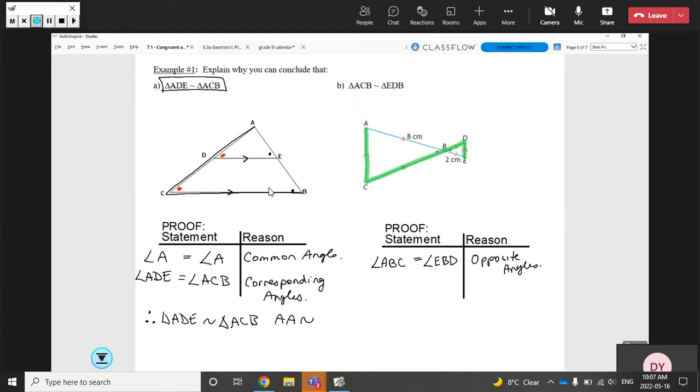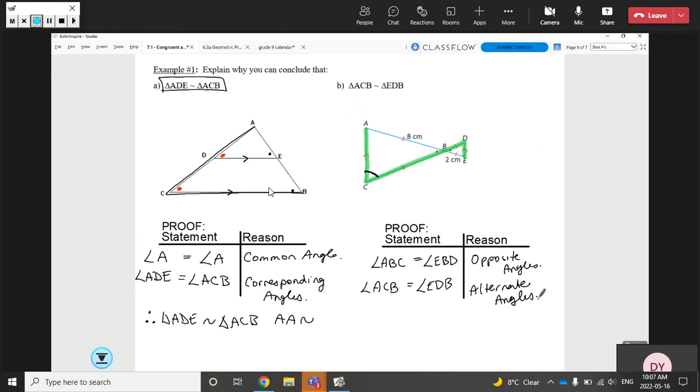So, notice this. We have this Z pattern that's happening. We call those alternate angles. So we can say angle EDB, or actually we started with the ABC over here, so we can say ACB. Really when we say ACB, we're talking about angle C, is equal to angle EDB. And that's alternate angles.